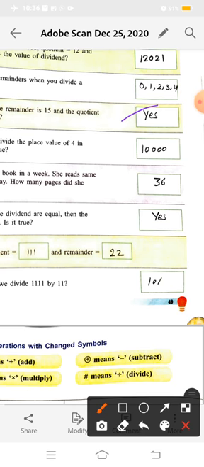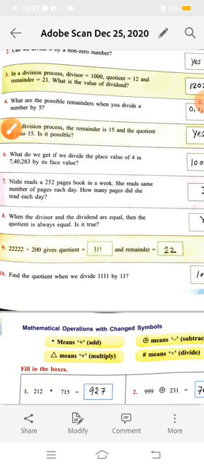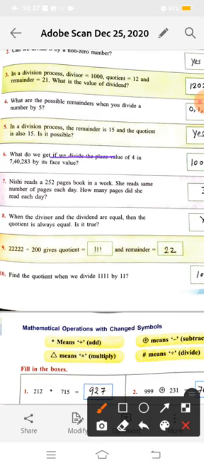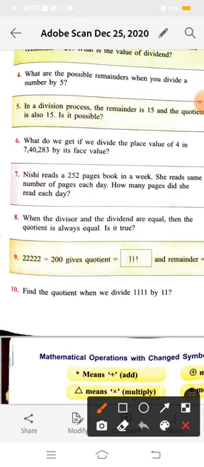Now question number 6. What do we get if we divide the place value of 4 in 7,40,283 by its face value?